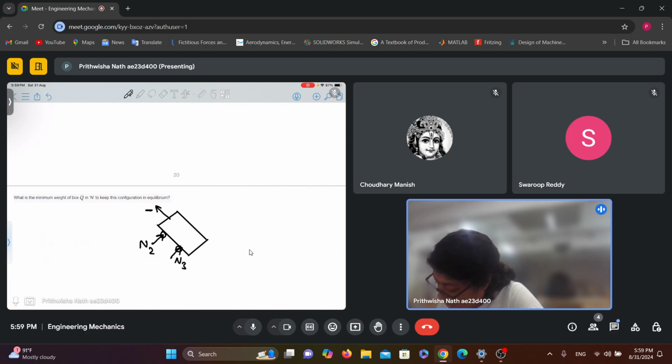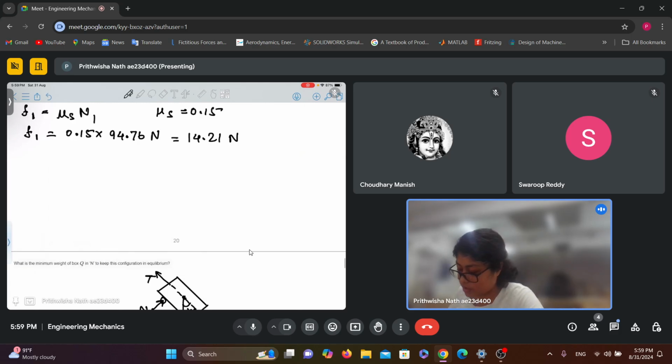Here a tension is acting in the upward direction and also the weight of the block is acting. Now this angle should be 12 degree.